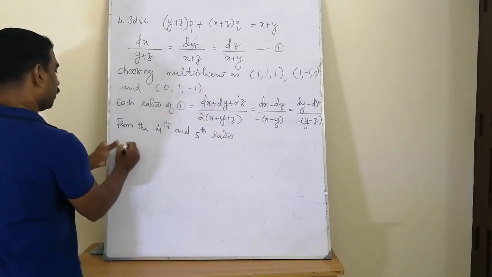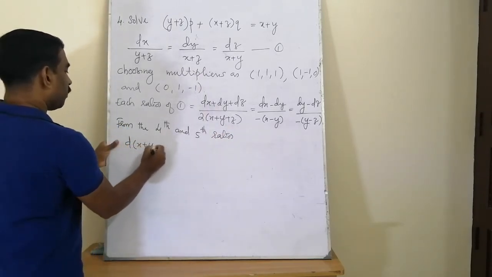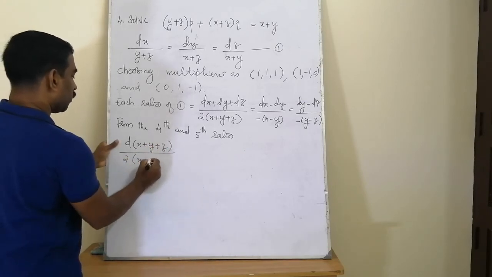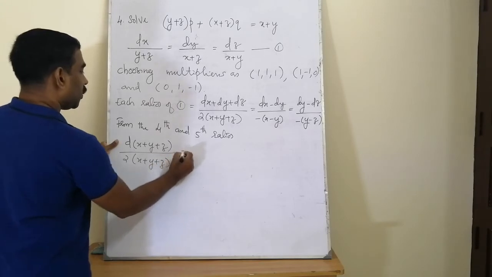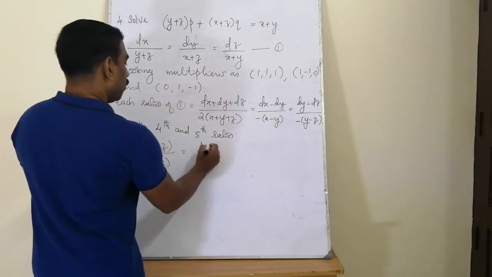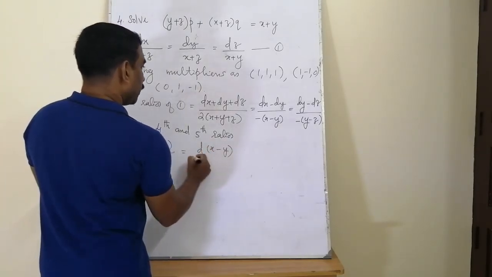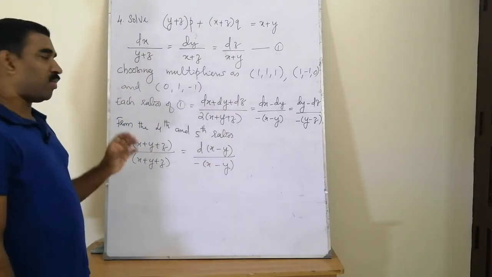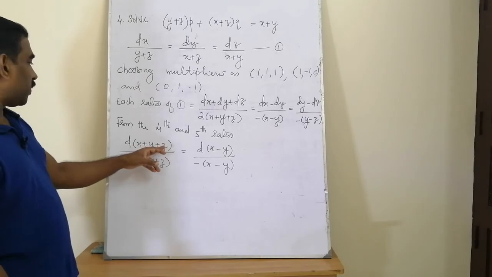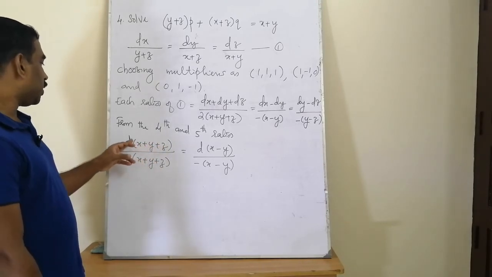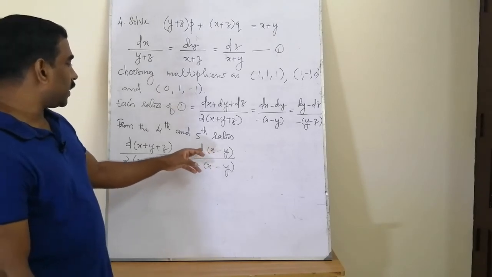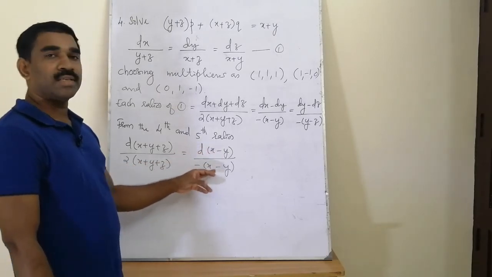we have d of x plus y plus z divided by 2 into x plus y plus z is equal to d of x minus y divided by minus of x minus y. That is in a direct integrable format. Suppose this x plus y plus z is equal to t, then it is dt by 2t form, and this is, let us say s, then ds by minus s form.